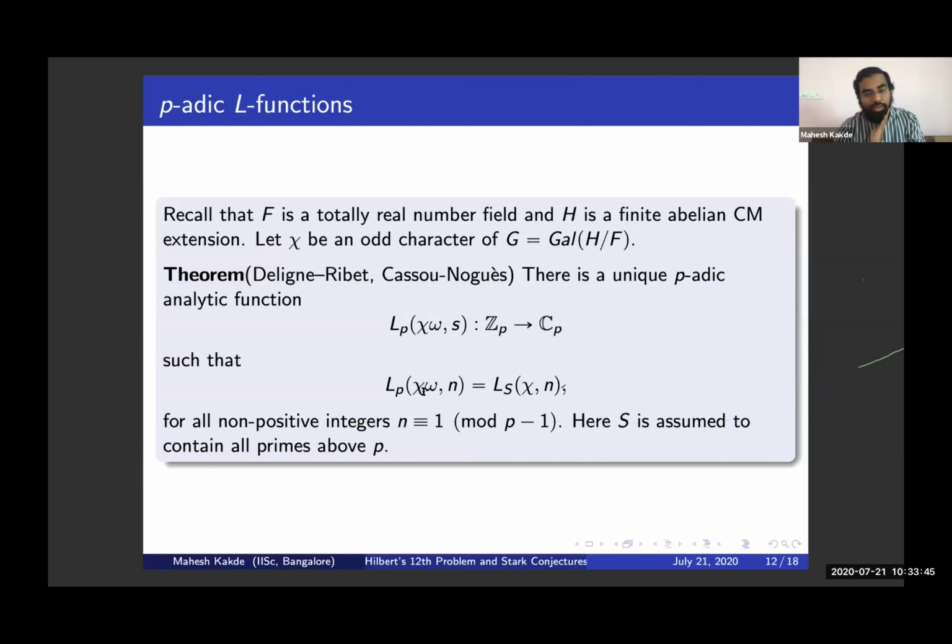So this omega on the left hand side you can just think of as notation. This determines it uniquely, so it doesn't matter if I tell you its values at more integers, it's still the same function.